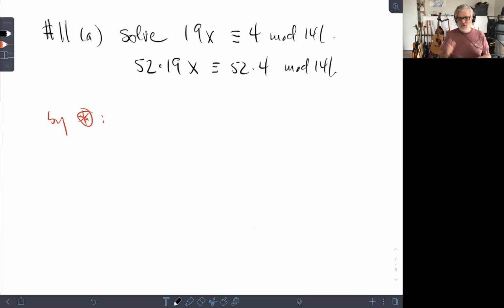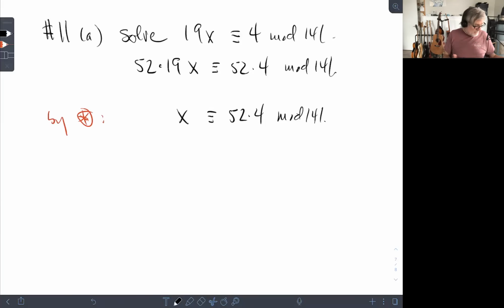That is always true. It doesn't depend on what I just did. What I did, though, tells me that 52 times 19 is the same as 1 mod 141. So this means that x is congruent to 52 times 4 mod 141. Okay, which is fine. You can leave it like that.